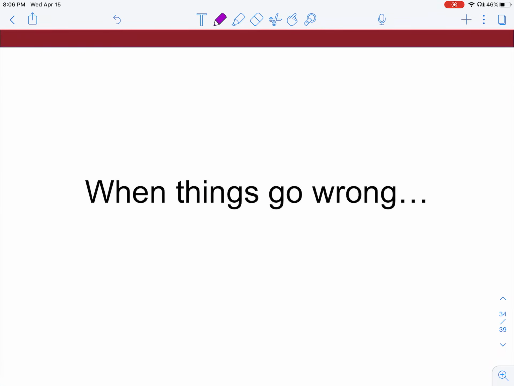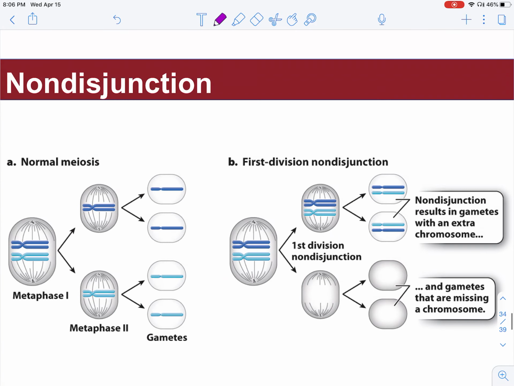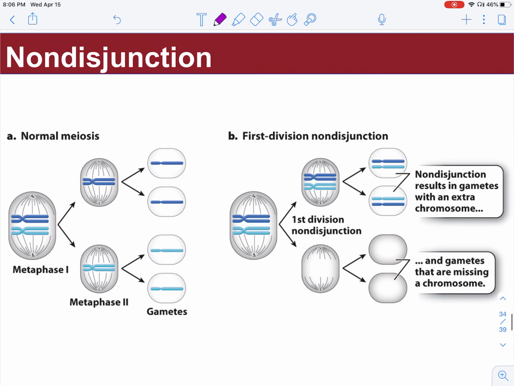So that is how things should be, but there's lots that can go wrong. We call aberrant chromosome segregation in meiosis non-disjunction events, and they occur all the time, but we usually don't see the products of it because these chromosomes are necessary in the proper amount in order to be viable.